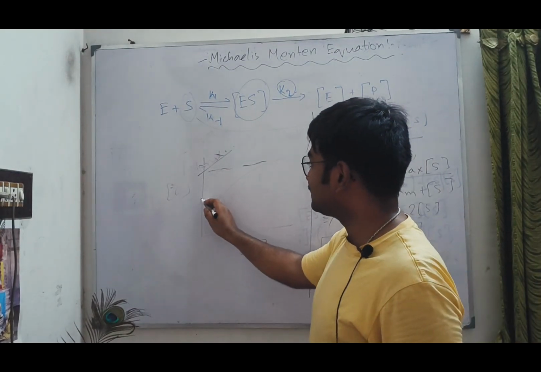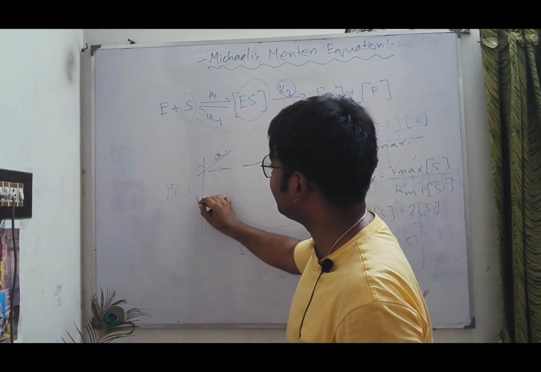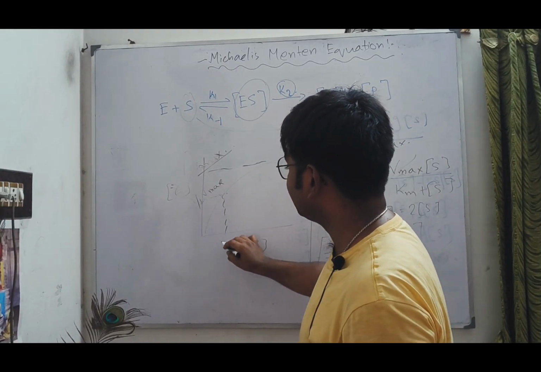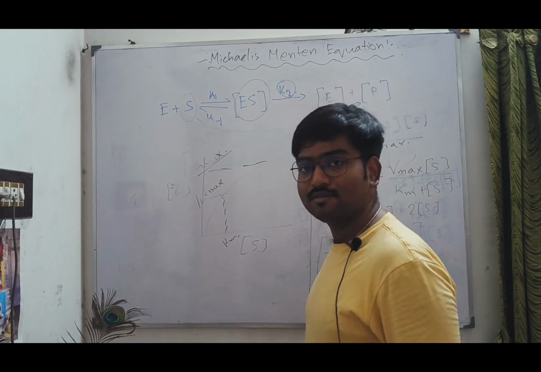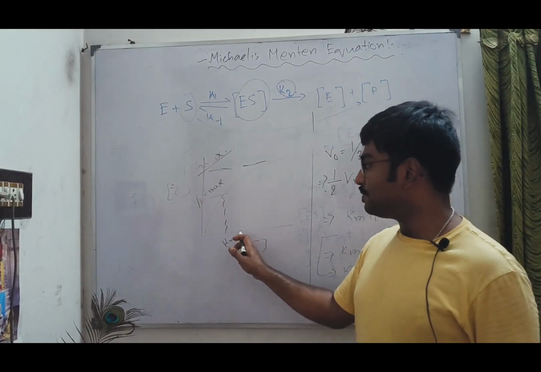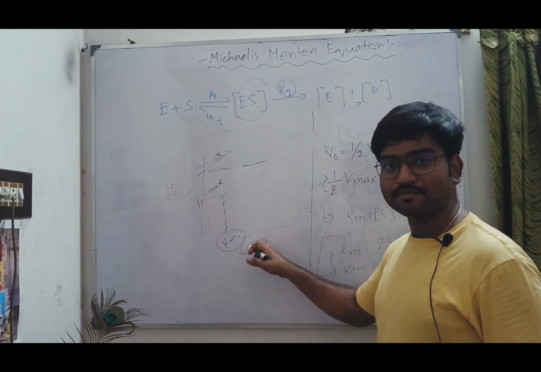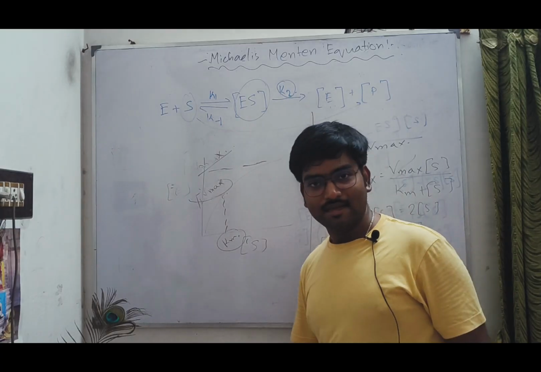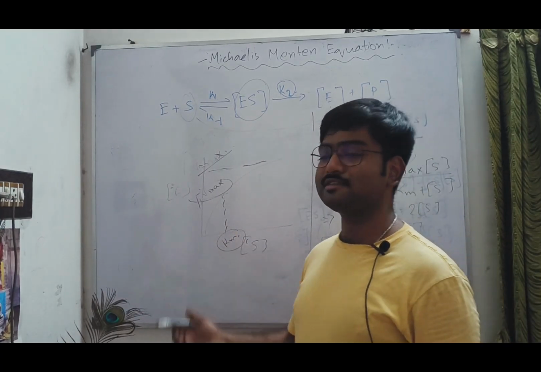If I take the half of Vmax, then this intersect would be Km. Km means it is that particular substrate concentration at which the velocity of the enzyme becomes half, and this is mentioned in your class 11 book.